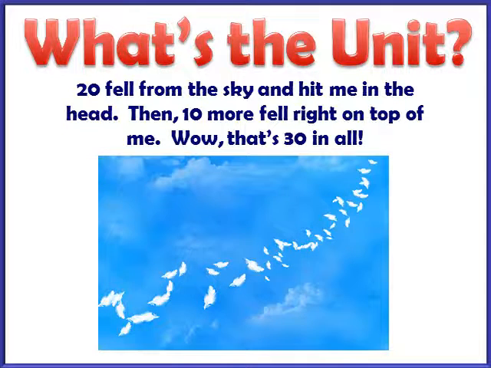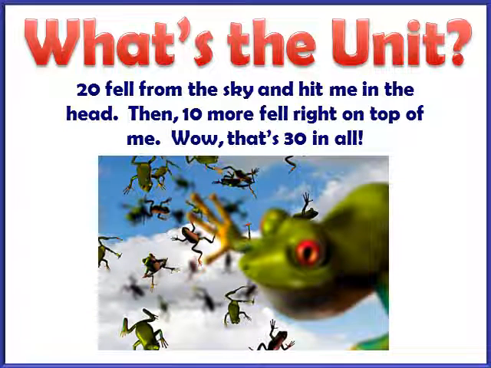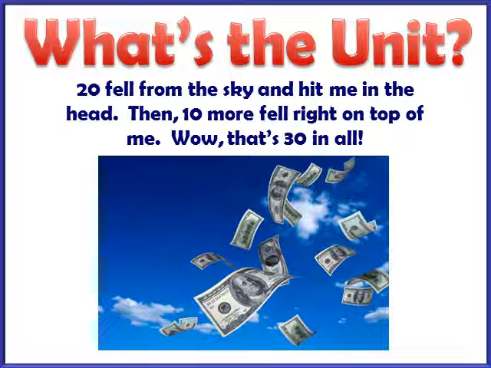That's not too painful. Or books, that might hurt a little bit more. 30 books hitting you on the head. Frogs, that's just kind of disgusting. And then $100 bills or money, which I wouldn't mind hitting me in the head if it's falling from the sky. So thinking again, that unit can change the meaning of the situation drastically.